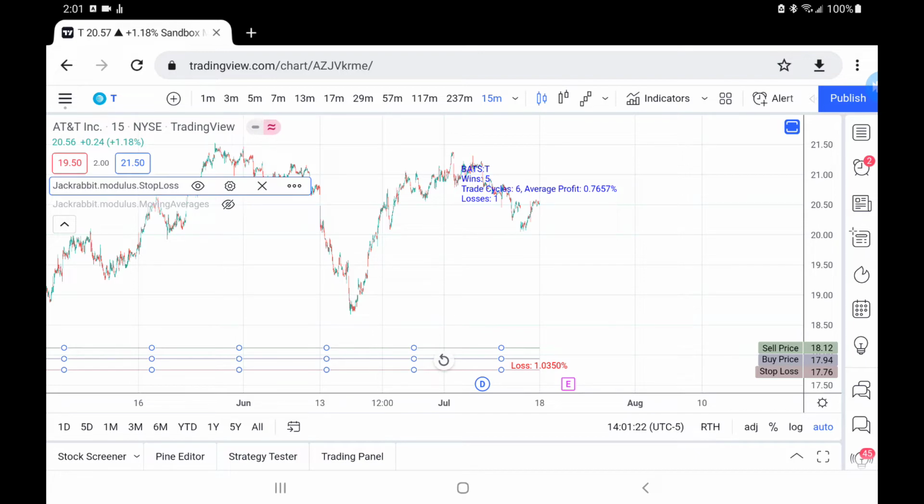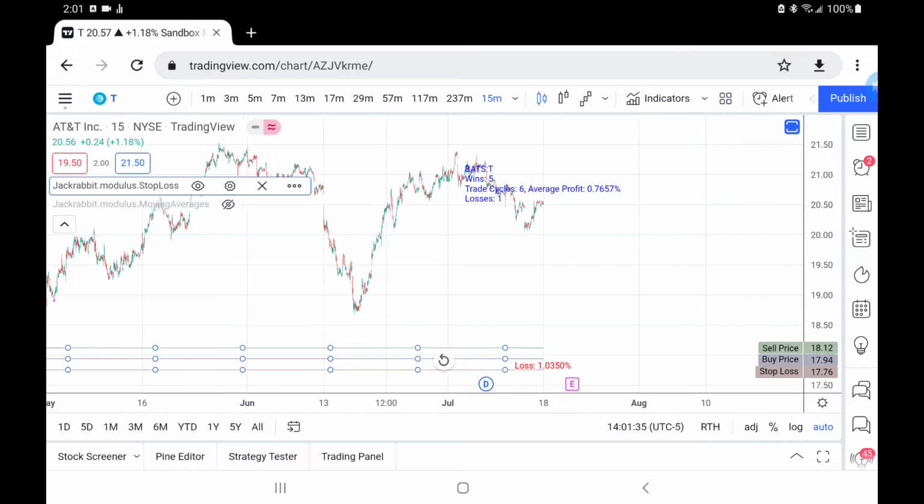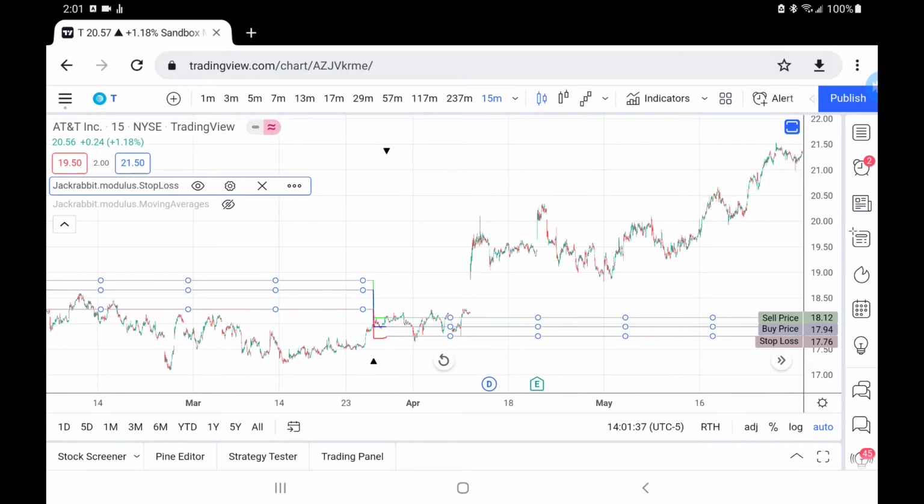We have 5 wins and 1 loss. So as you can see, you do need to tune appropriate to the instrument you are trading. Not every instrument is going to behave the same. This is not a one-size-fits-all situation. You need to carefully tune it based upon each market's circumstances.